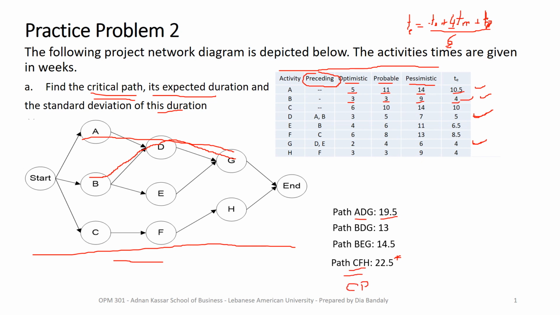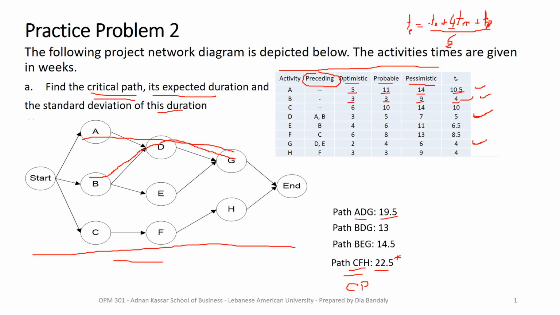This is important because, to answer a question about the probability of finishing the project within a certain time, what we need to do is to answer the same question about finishing the critical path within that time. That's why the question on the top was to find the expected duration.